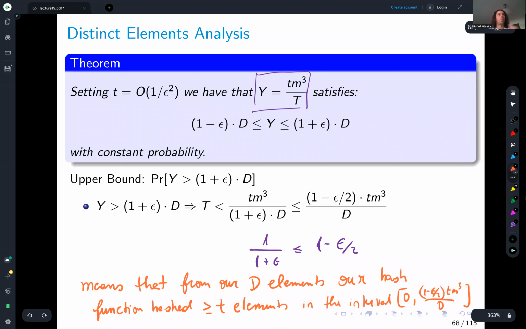So what it means is that from our d elements, our strongly universal hash function is hashing a lot of them in a really small interval of the whole range that we had. And now we're going to show that this cannot happen with high probability. That's the idea.